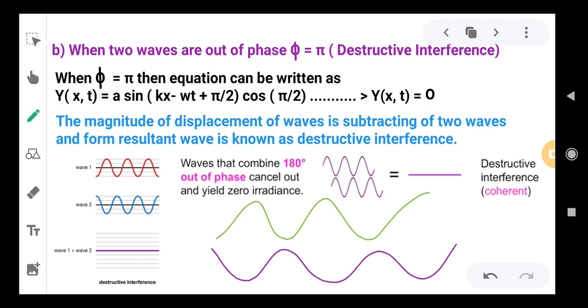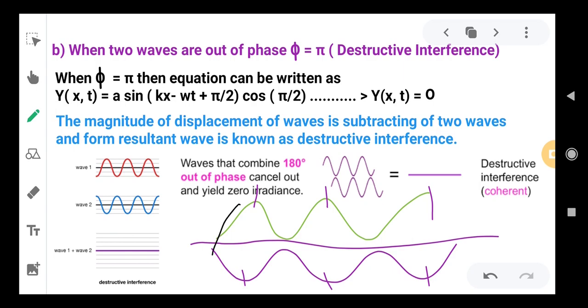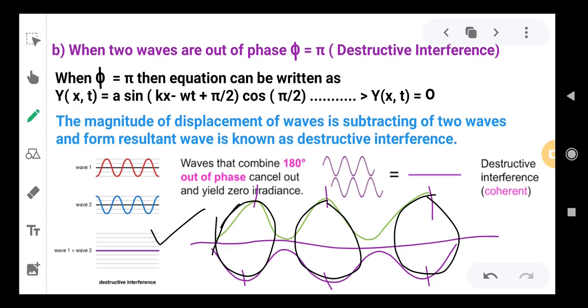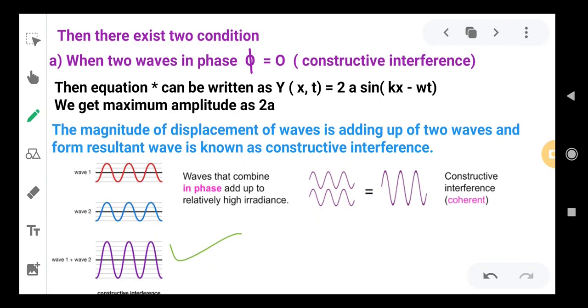When they overlap, in this overlapping, crest, trough, crest, trough. The crest overlaps with the trough, and the resultant will be 0, as we already know in the superposition of waves.